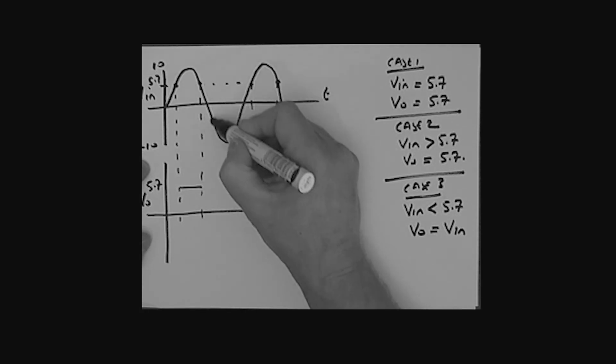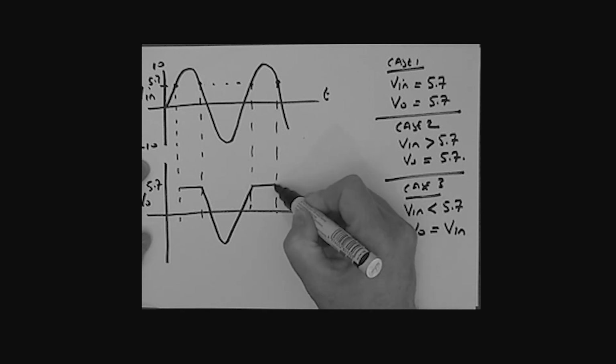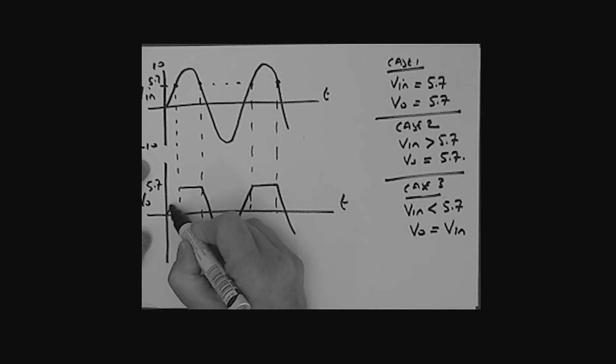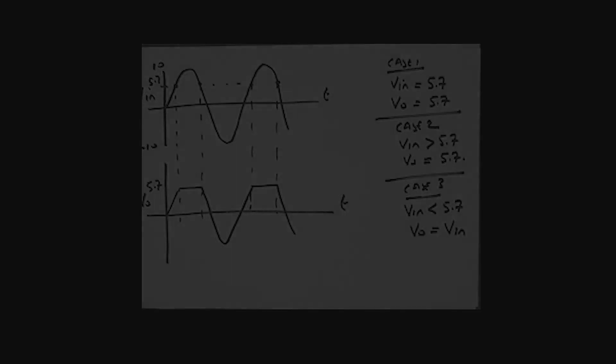And so really, in this region, the output is simply following the input like so and like so. And there we have our plot of output voltage as a function of time. And basically, what have we done with this circuit? We've just really clipped off the top part. Okay? Now, one other thing I'd like you to do, see if you can plot the transfer characteristic for this.